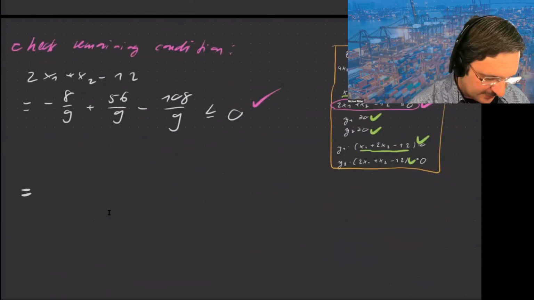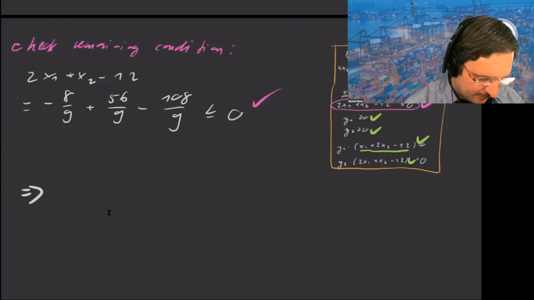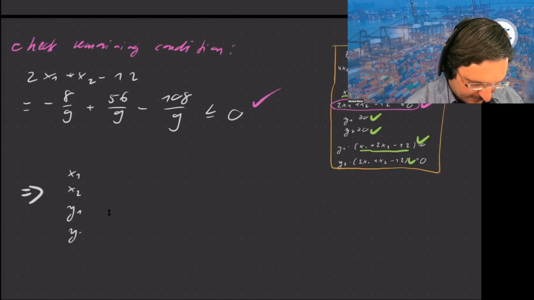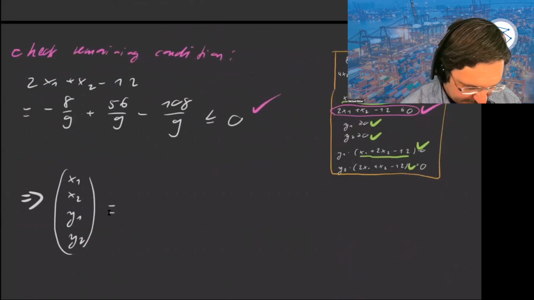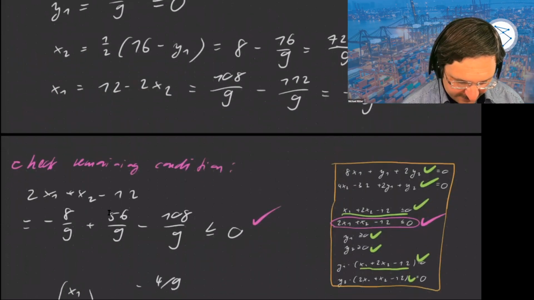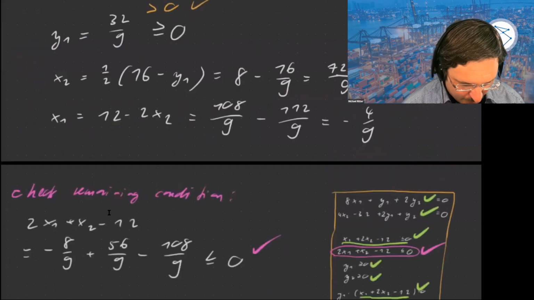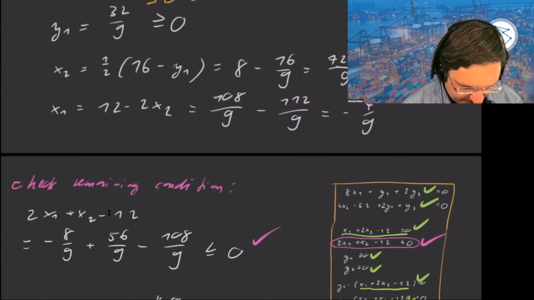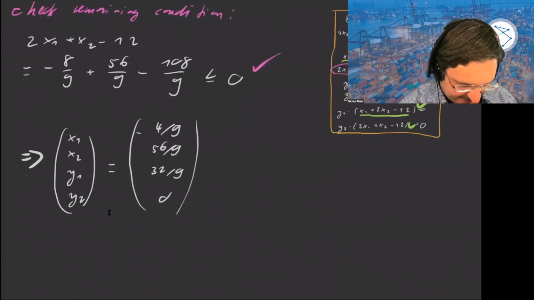So we can conclude that, in fact, the point x1, x2, y1, y2, this point here, with x1 being minus 4 over 9, x2 being 56 over 9, y1 being 32 over 9, and y2 being 0. That is a KKT point.